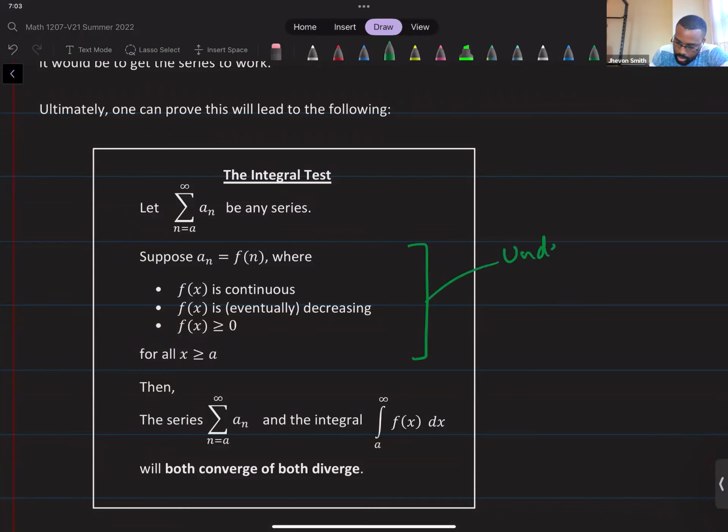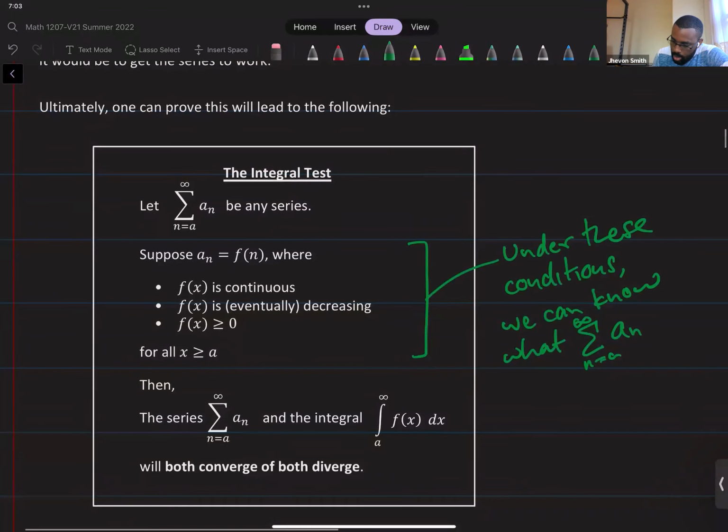Under these conditions, we can know what the series a_n is doing based on what the integral does.